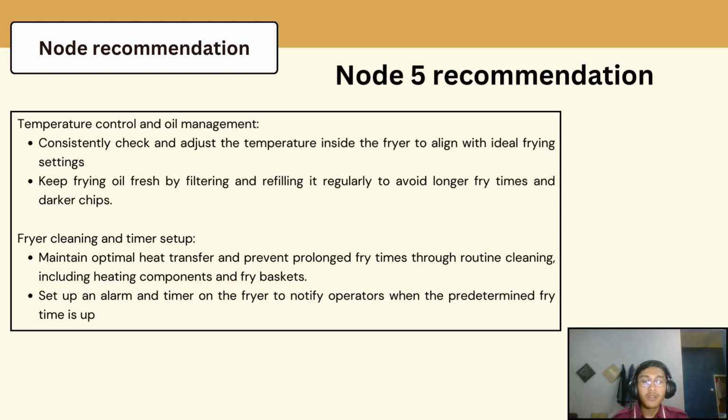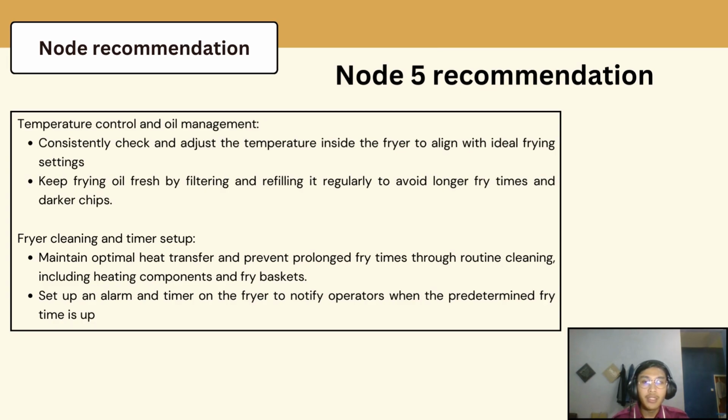Next is node 5 recommendation, which is the frying process. Temperature control and oil management: consistently check and adjust the temperature inside the fryer to align with the ideal frying setting, and keep frying oil fresh by filtering and refilling it regularly to avoid longer fry times and darker chips.